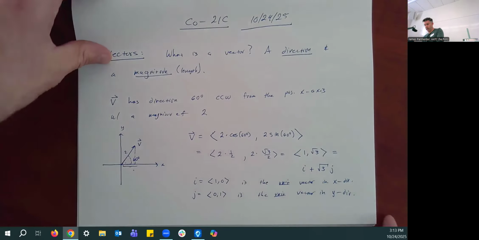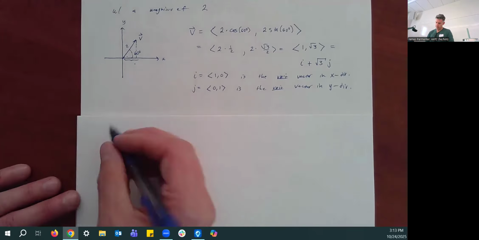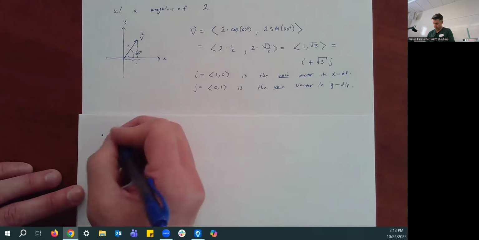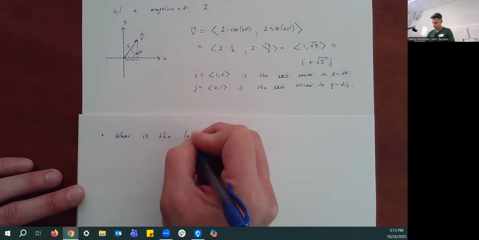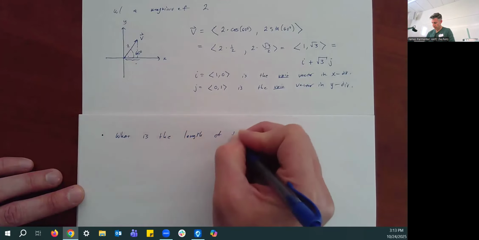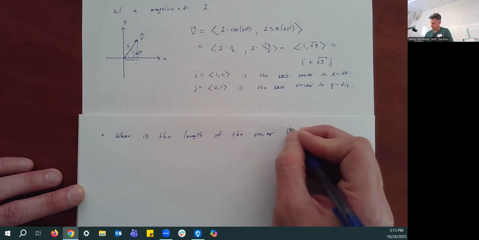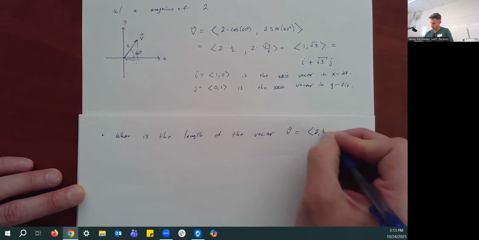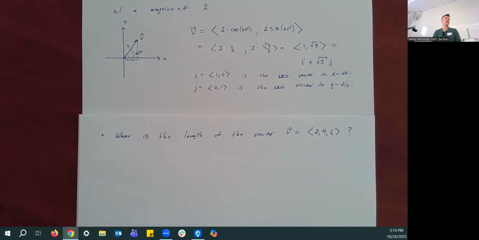So let's talk about how we really want to talk about vectors. Let's say I want to ask a few things, like, what is the length of the vector? What have I got here? 2 comma 4 comma 6. Okay, well, we need to talk about magnitude here. The idea of magnitude really is just abusing the Pythagorean theorem.